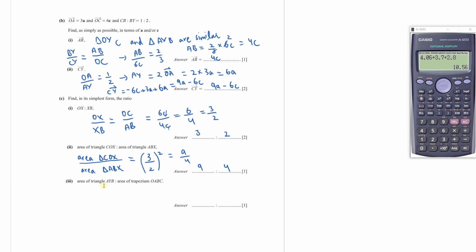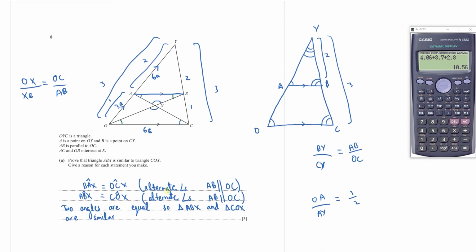Last part is area of triangle AYB ratio area of trapezium OABC. So let me show this here. This is the same diagram.